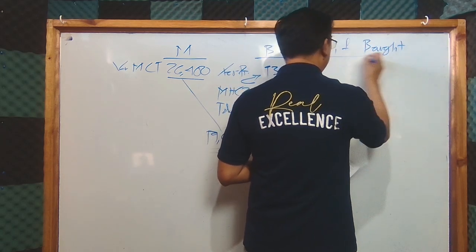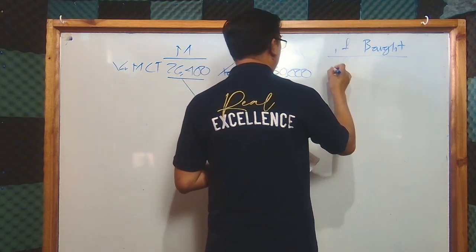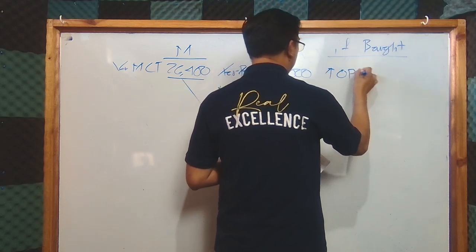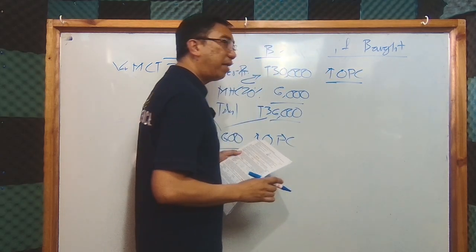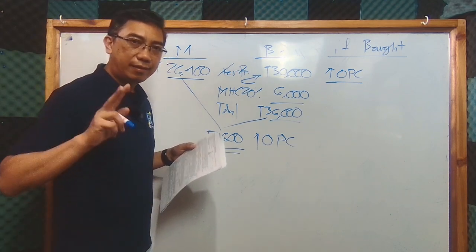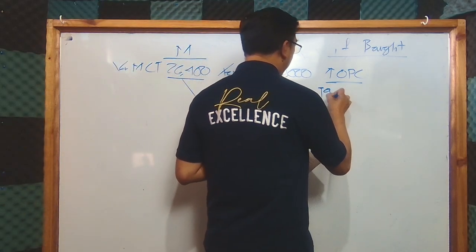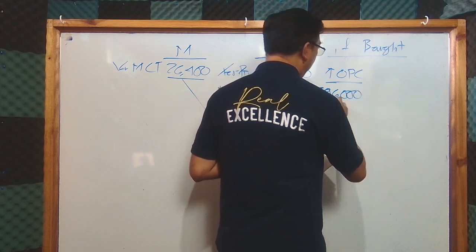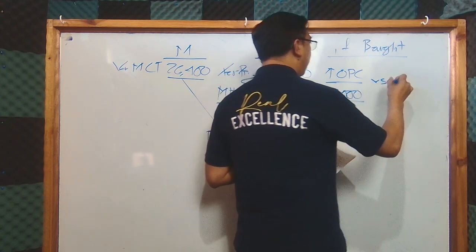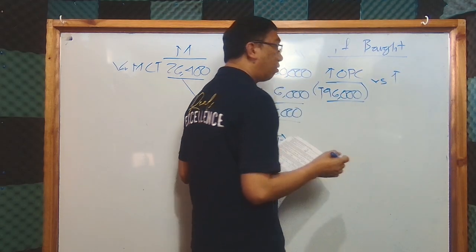if the company decided to buy or if the component was bought, what will happen? Incremental out-of-pocket cost. Yung incremental out-of-pocket cost natin is 9,600 per unit. 10 units ang kailangan. So, incremental in total is 96,000. Versus incremental, class, yung incremental out-of-pocket cost, that is cost, di ba?